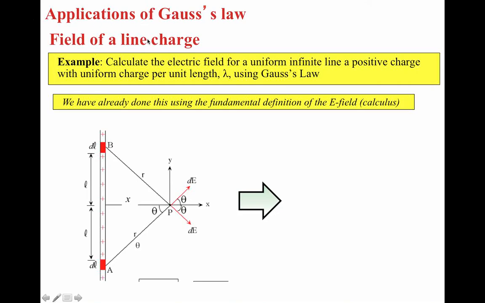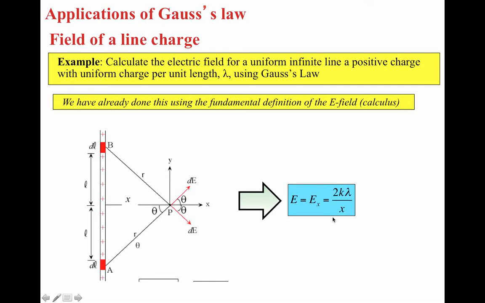So let's start the application. In the first application, we want to find the electric field for a uniform infinite line with a positive charge, with a uniform charge per unit length, lambda, using Gauss's law. Now remember, we've done this before in the previous chapter, using calculus and the fundamental definition of the electric field.